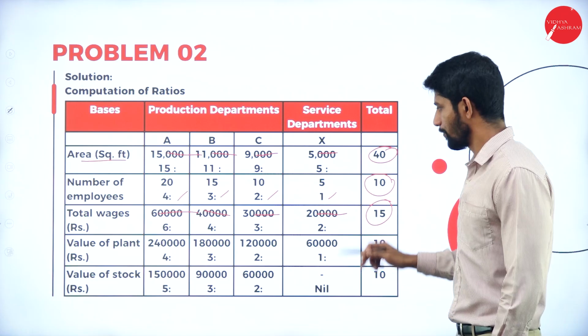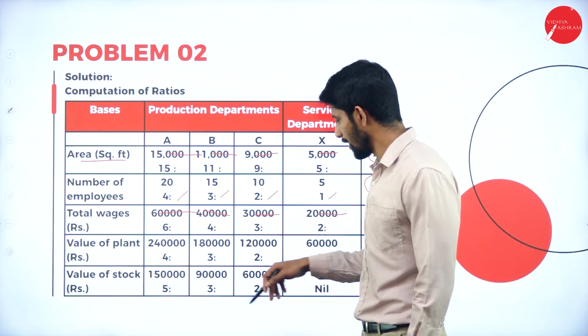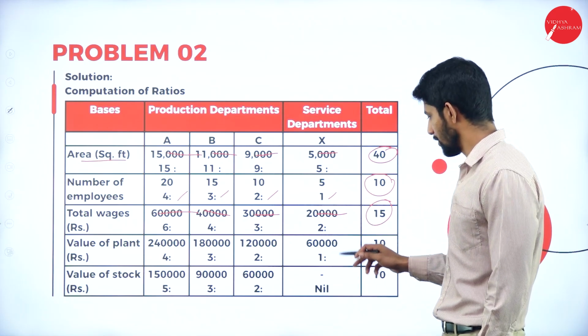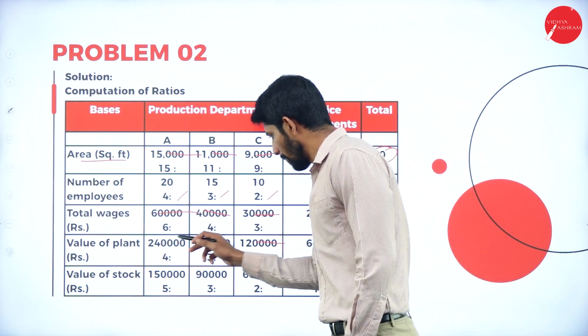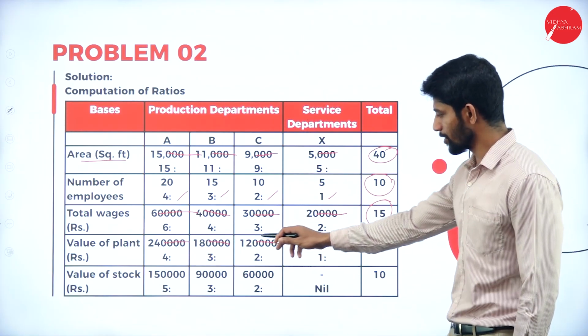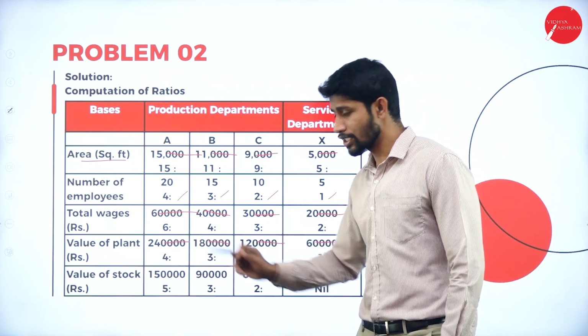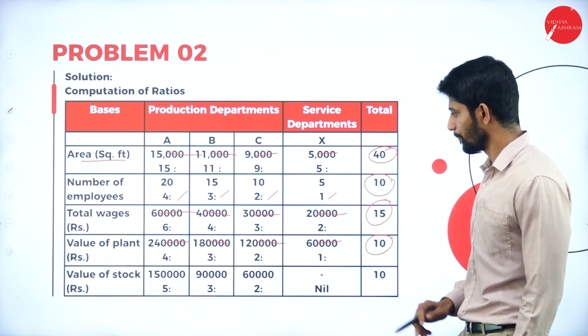Total 15. Next, value of plant: 2,40,000, 1,80,000, 1,20,000 and 60,000. 4 zeros common, cancel 4 zeros. So 6 ones are 6, 6 twos are 12, 6 threes are 18 and 6 fours are 24. So 4 is to 3 is to 2 is to 1. Total is 10.